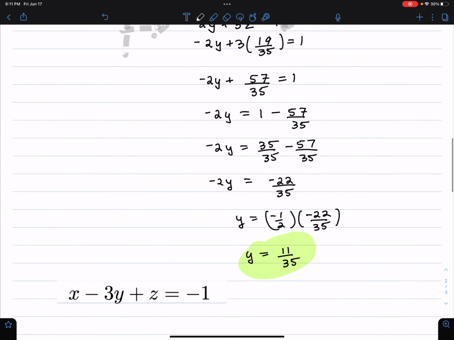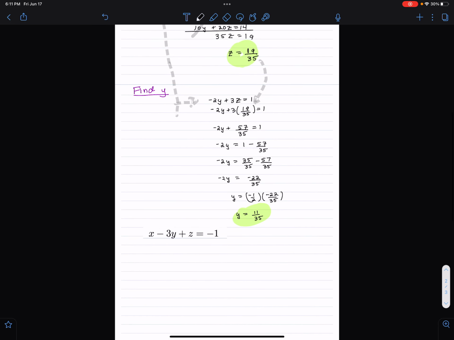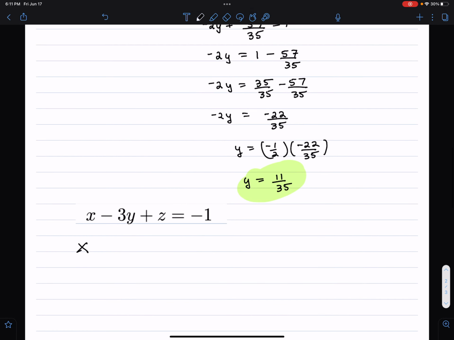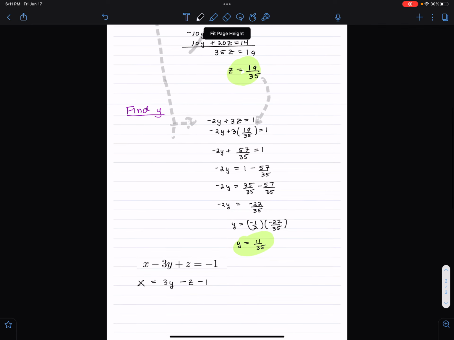So here we have x minus 3y minus z equals 1, and I'm going to solve for x. Before I plug in, I'm going to add 3y to the other side, and then minus z minus 1. Okay, now I'm going to put in the values for z and y.